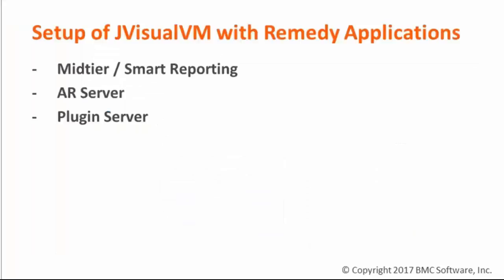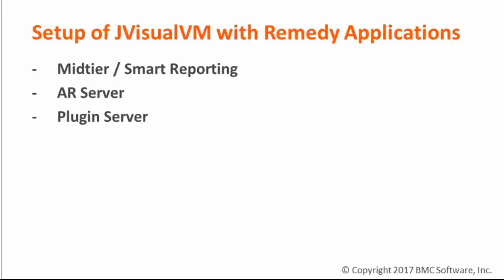Okay, so we have seen how the JVisual VM tool can be used for monitoring. Now let us learn how we connect our JVisual VM instance to different Remedy applications. Here I will be talking more specifically about 4 Remedy applications: Midtier, Smart Reporting, AR Server, and Plugin Server.